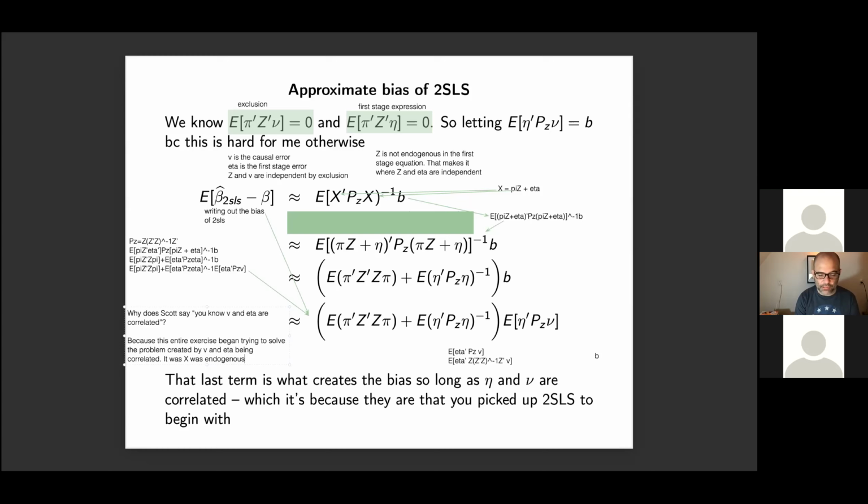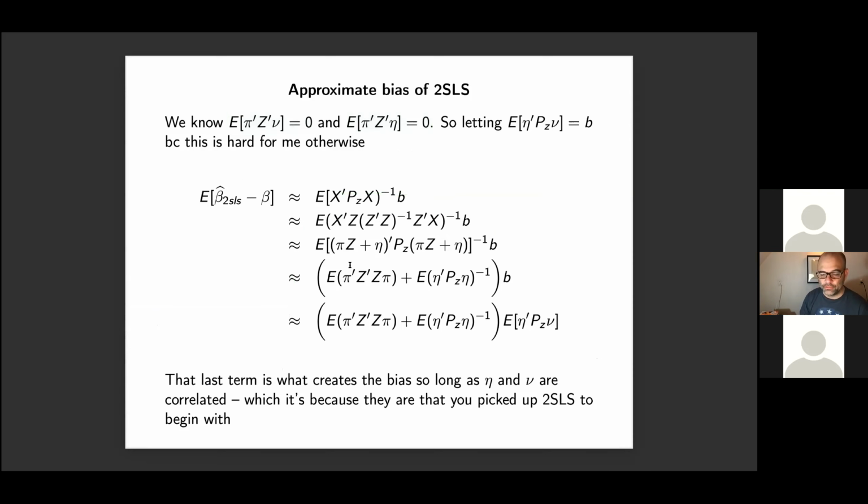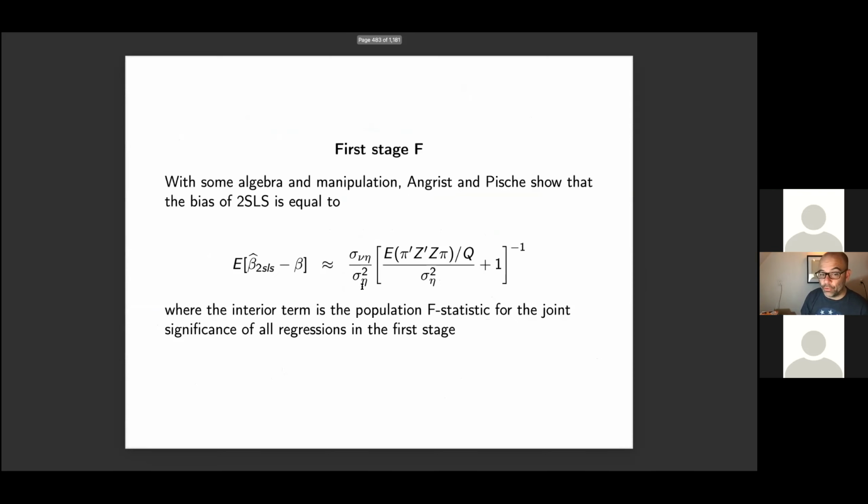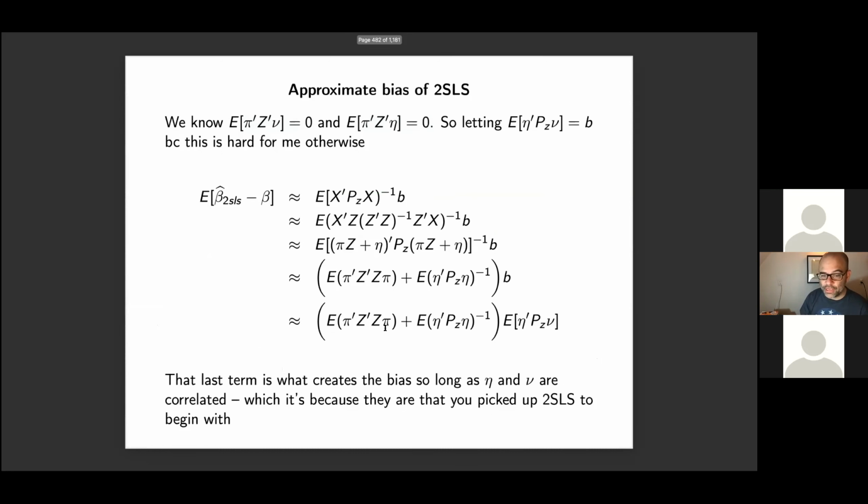X was endogenous in the causal model because X's eta term was correlated with V. And so since these two are correlated, this expectation does not vanish. Now, in large samples, it will vanish because in a very large sample, this will go to 0 because Z and V are independent of each other.